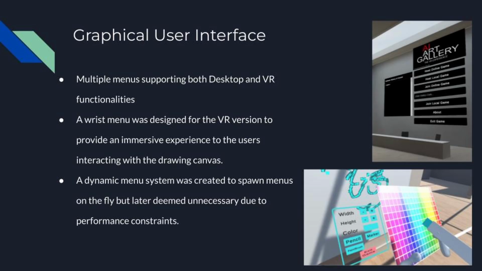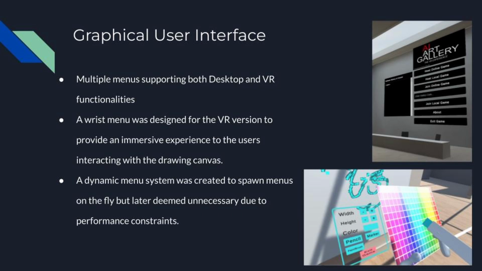The art gallery features a variety of menus for both desktop and VR versions. In order to avoid creating duplicate menus, we handle the creation of menus through code so that the right menu is created for the right version, thereby making the same menu work for both desktop and VR versions. Some very specific menus were created.